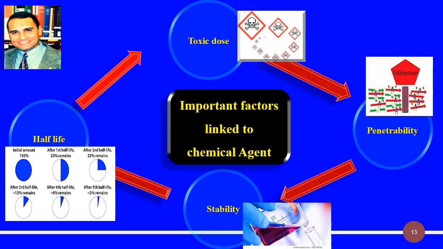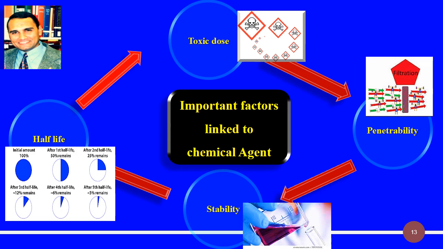Important factors linked to chemical agents. Toxic dose: a toxic dose means the degree to which a chemical substance or a mixture of chemical substances can damage the host or some organs in this host.